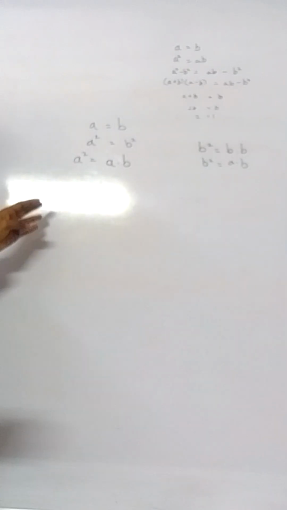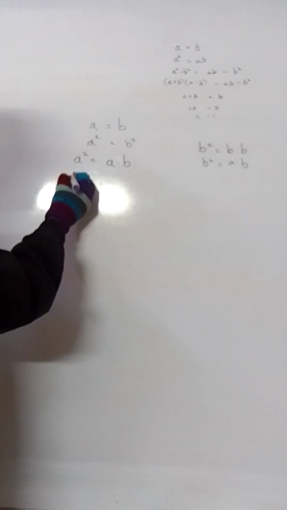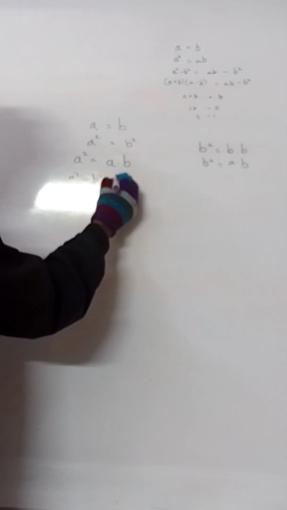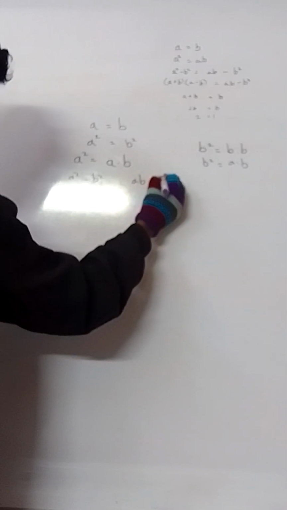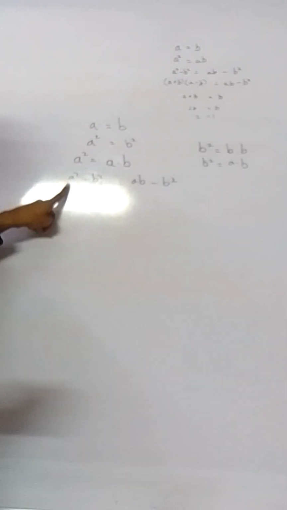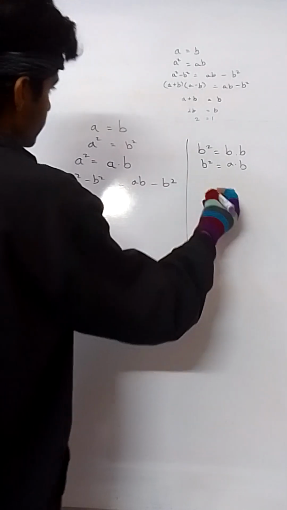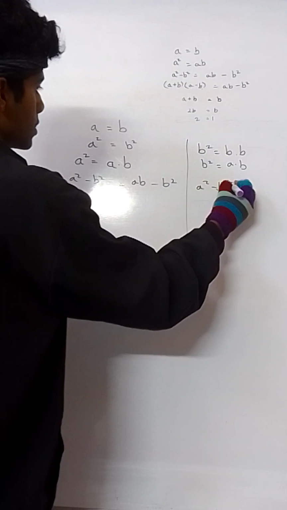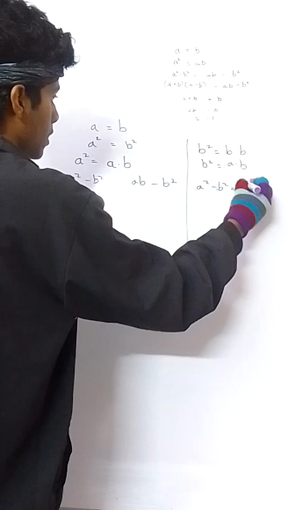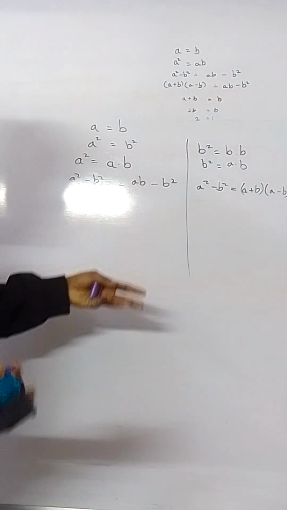And now what we're gonna do is subtract B squared from both the sides. If we subtract the same number from both the sides, then the equation remains the same. So right now, till here, everything's good. Now we see that this A squared minus B squared can be made simpler with an identity, which is A squared minus B squared is equal to A plus B into A minus B. So how do we get here?